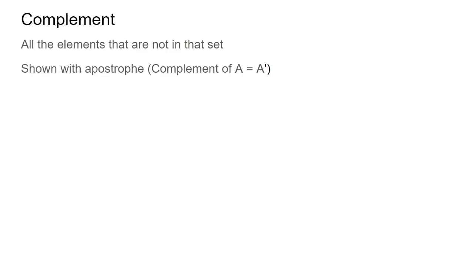The complement is all the elements that are not in that set, but still in the universal set, and is shown with an apostrophe.